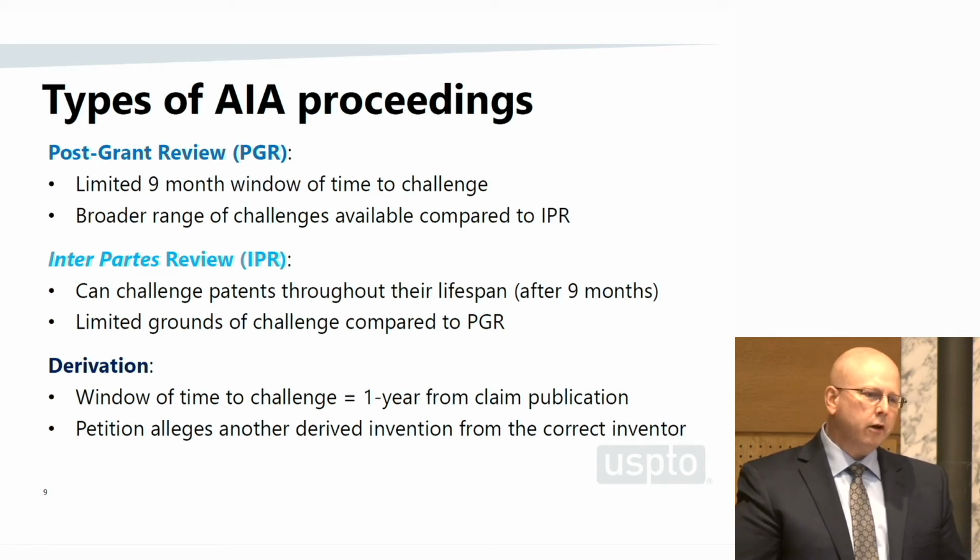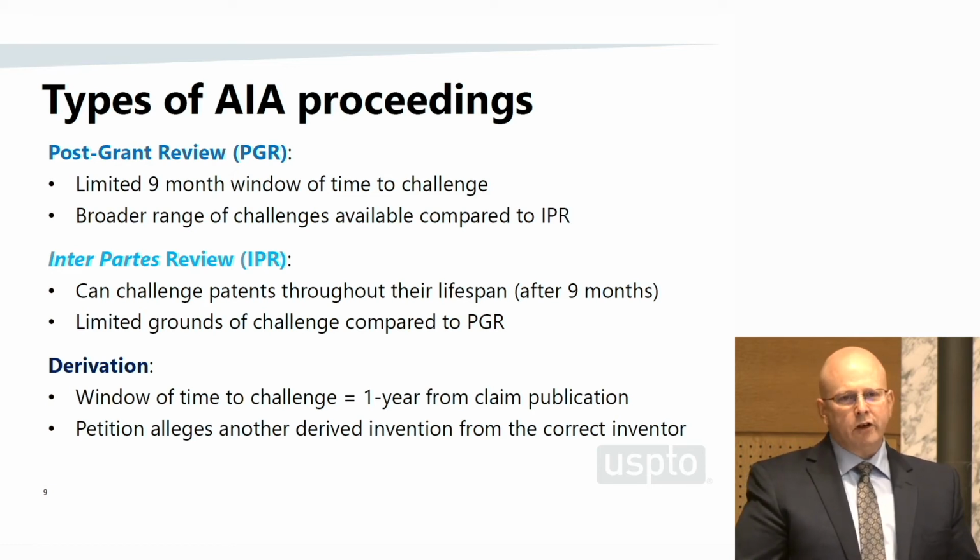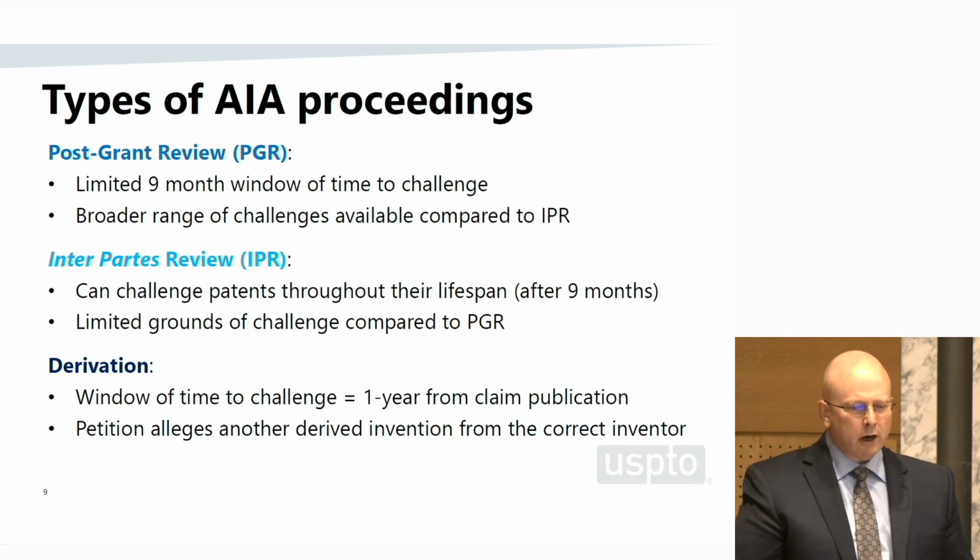You only have 9 months from the issuance of a patent to request a PGR, but the grounds on which you can challenge the patent are broader than in the inter partes review, or IPR, which by contrast can be used to challenge a patent at any time during its life after that initial 9-month period.